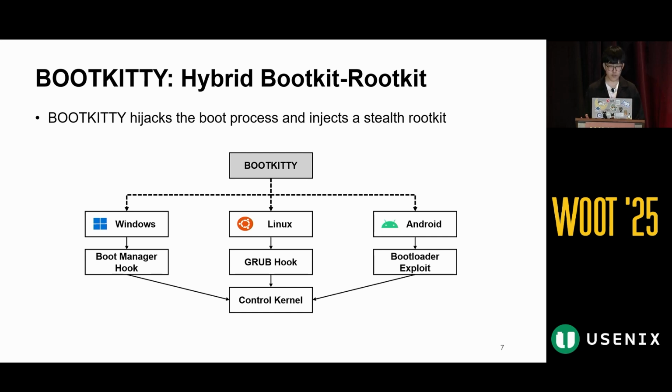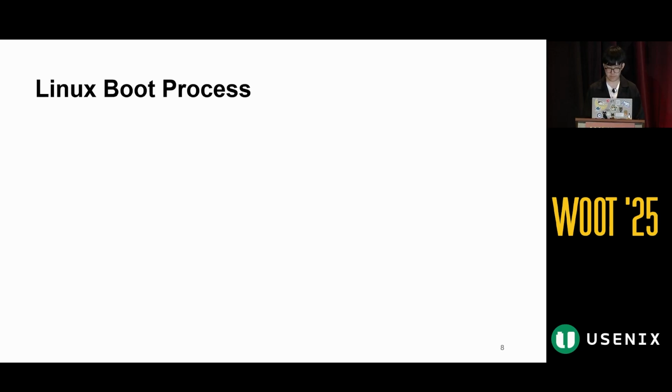On Windows and Linux, attackers modify the bootloader on the boot partition to gain control before the kernel starts. On Android, attackers exploit bootloader vulnerabilities to bypass Android Verified Boot and gain control in the early stages of the system. Due to time constraints, this presentation will cover only Bootkitty on Linux and Android. For details on the Windows implementation, please refer to the paper.